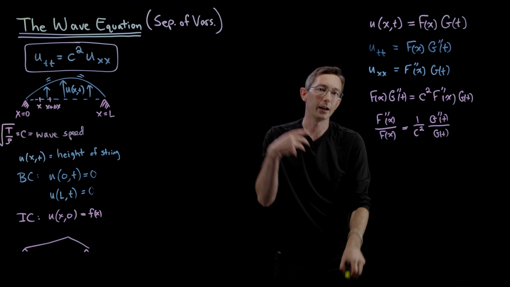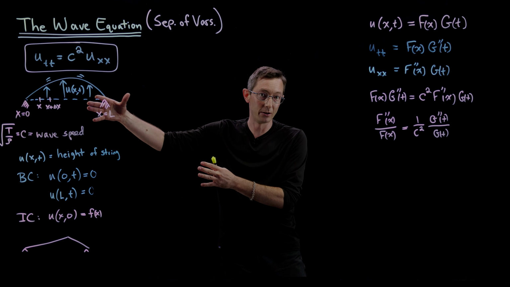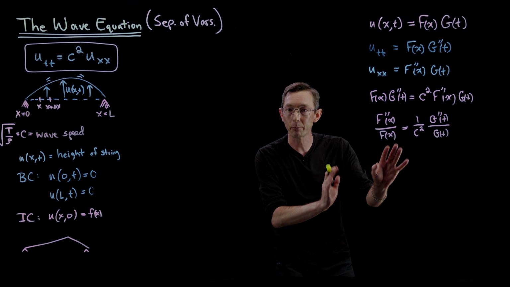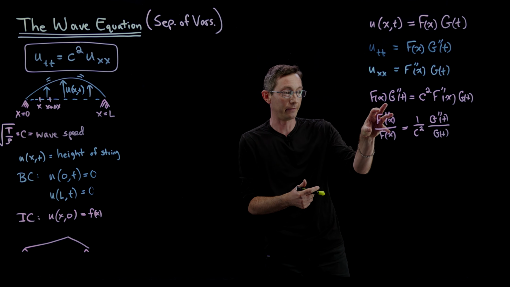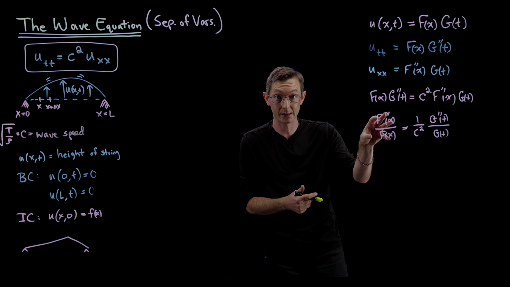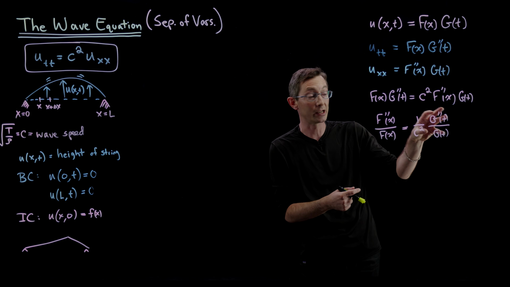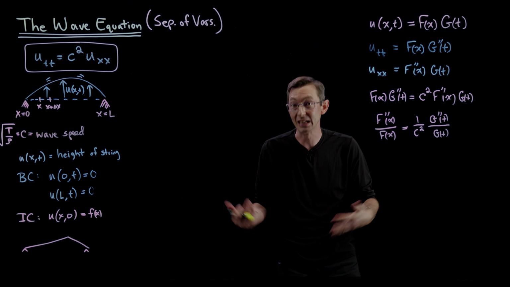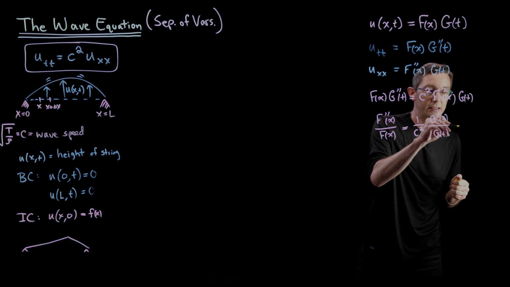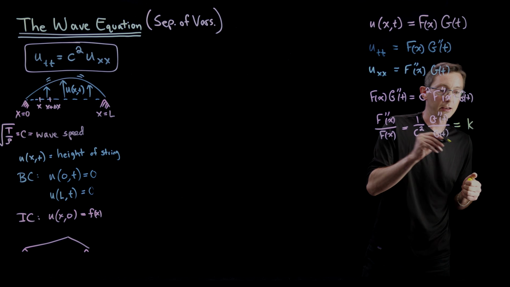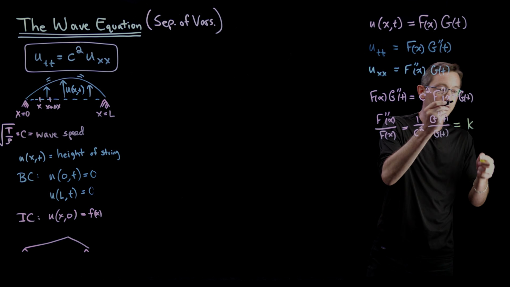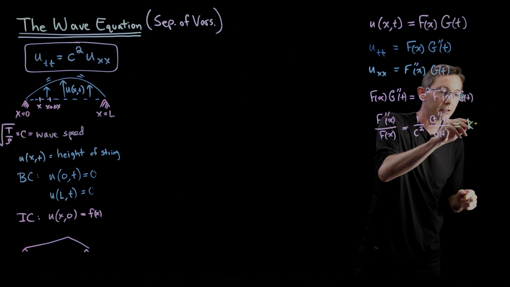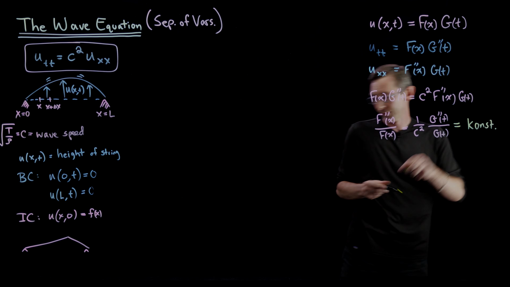And this is where, in the last video where I did separation of variables for Laplace's equation, I made a really big point of emphasizing that if I have a function that's just a function of x, and a function that's just a function of time, and they equal each other, then they both have to be equal to a constant. This has to equal some k. I should not spell constant with a k, but this is a constant, k.